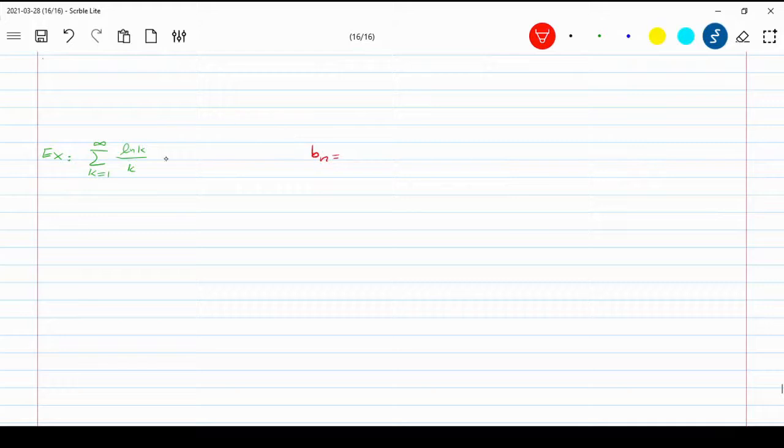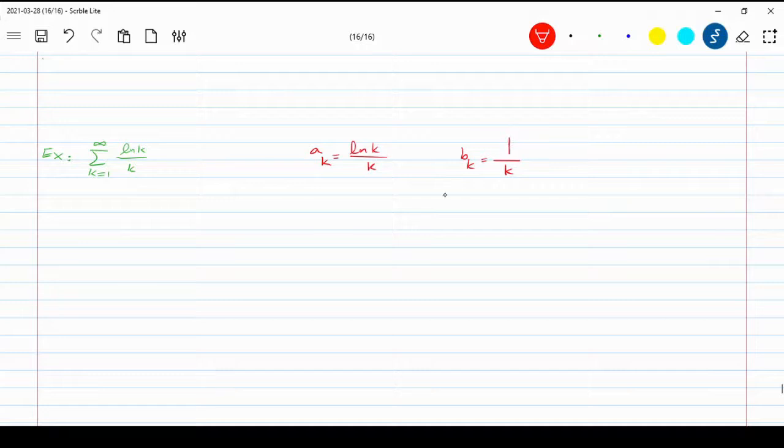I can pick bn. First, an is ln k divided by k. What do I pick for bn? I'll pick bn to be simply 1 divided by k. Sorry, let me change this to ak and bk.